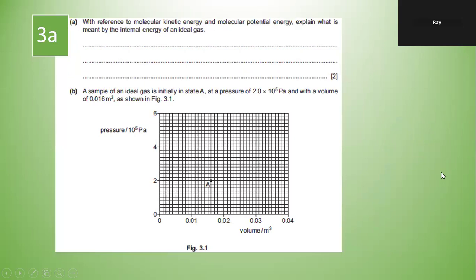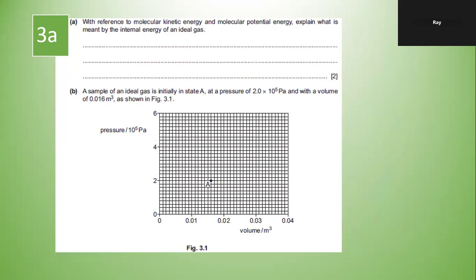With reference to molecular kinetic energy and molecular potential energy, explain what is meant by the internal energy of an ideal gas. Okay? You want to try?